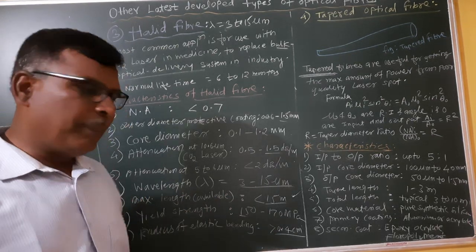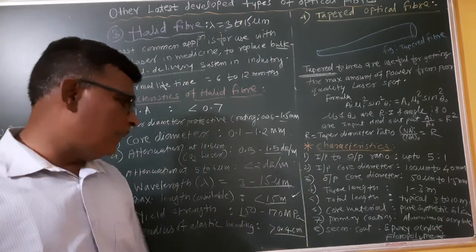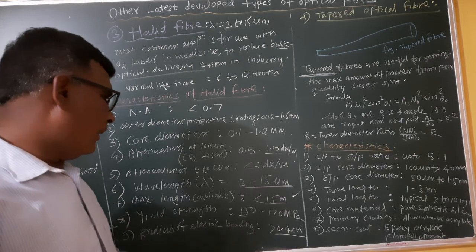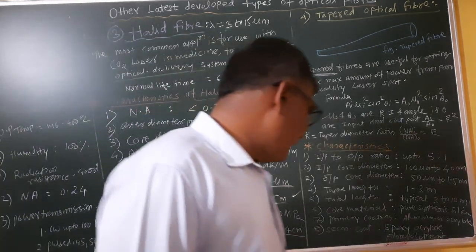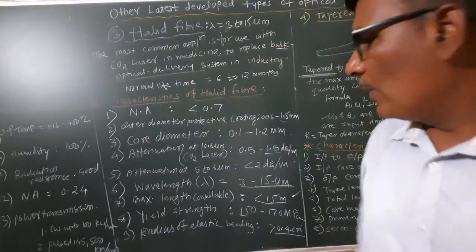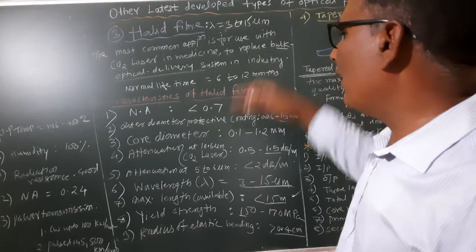Maximum length is 15 meter. Yield strength is 150 to 170 megapascal, and the radius of elastic bending is 70 to 74 centimeter. These are the points we have to remember for halide fibers.